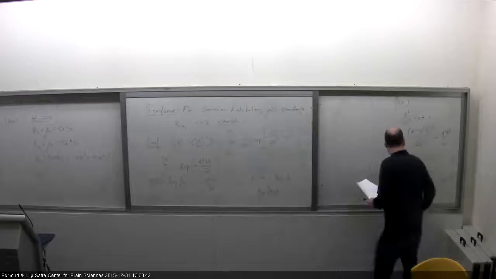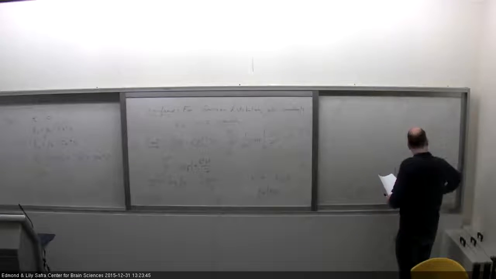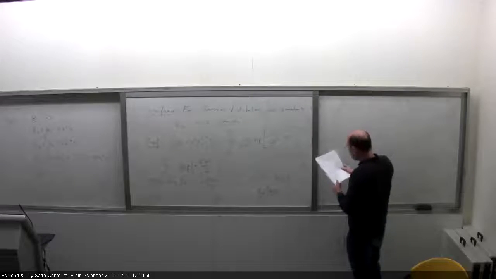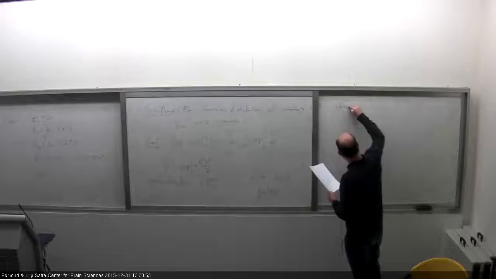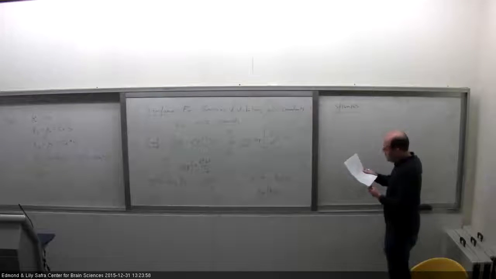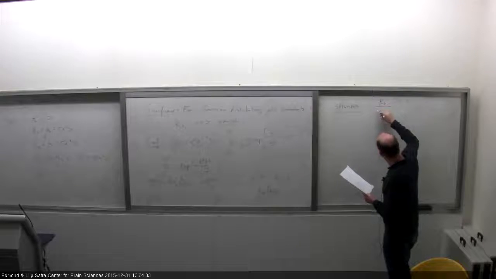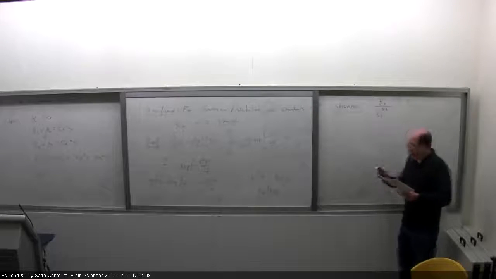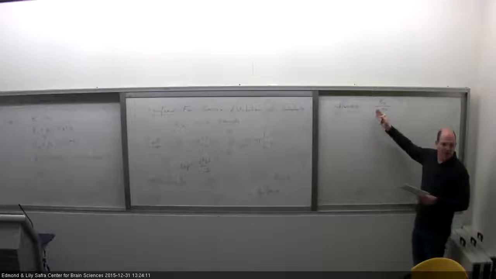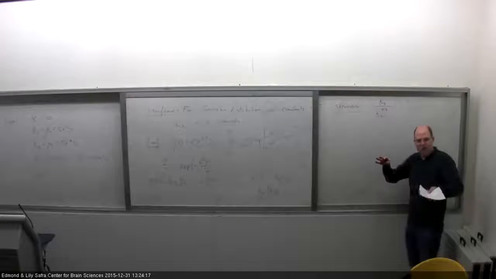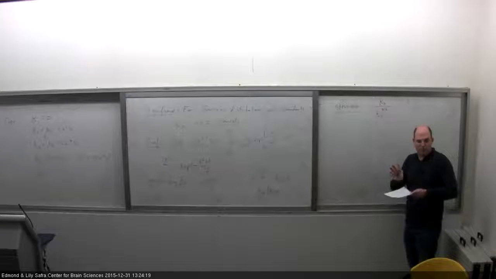But just to give you an idea of what it quantifies, people often define a quantity called the skewness of a distribution, and it's defined as follows. It's kappa 3 divided by kappa 2 to the power 3 halves. Now, I want to explain why this particular quantity. The skewness measures to what extent the distribution is not symmetric.